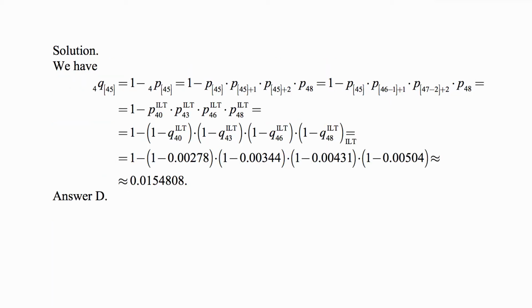So we start by writing the probability of dying as 1 minus the probability of surviving, and then we write this probability of survival over 4 years as the probability of survival in a select population at age 45 over 1 year, times the probability of survival selected at age 45 plus 1 over 1 year, times the probability of survival selected at age 45 plus 2 years over 1 year, and then at age 48 this is no longer a select population, it merges with the general population, so times p48.